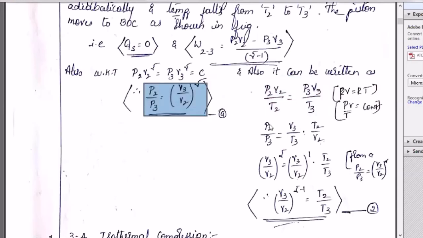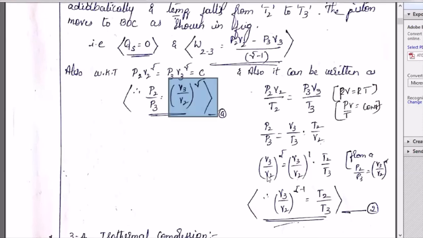Further, this equation will become P2 by P3 is equal to V3 by V2 into T2 by T3. Here, for P2 by P3, I have substituted V3 by V2 to the power of gamma, equation A.